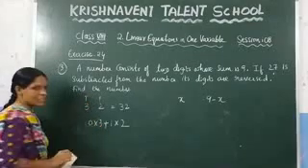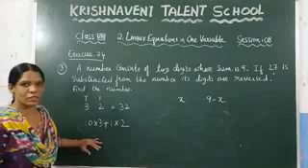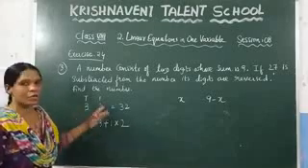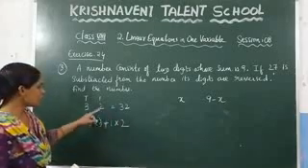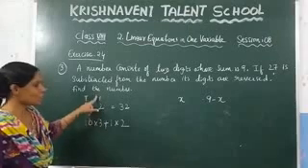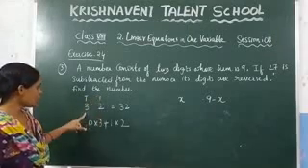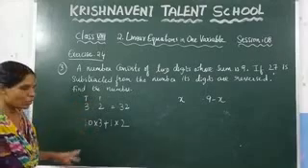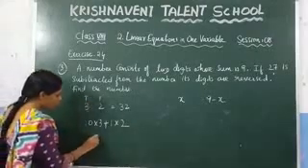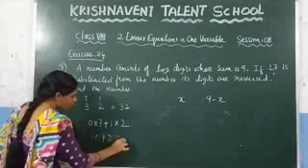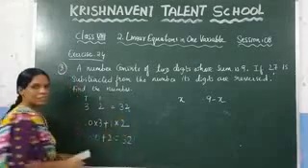In the primary classes you already studied the expansion of numbers. If you are given any number, how do you expand? You just multiply the given digit with the respective place value. So 2 into 1, and similarly 3 into 10. What you get is 30 plus 2, which is 32. Like this you get the number.